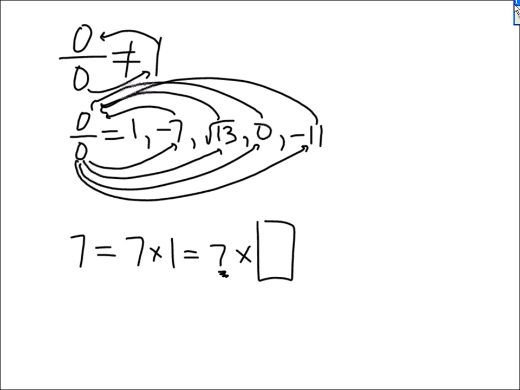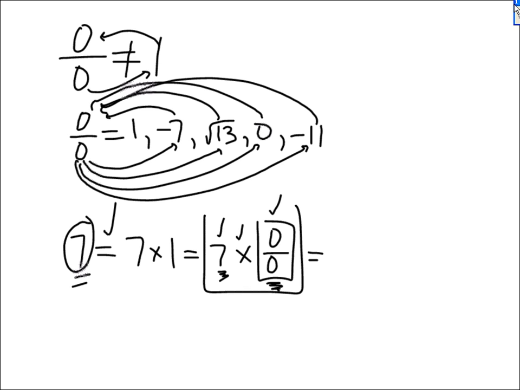You can't argue that 7 times what's in that box equals 7. 7 times 1 is 7. Nobody's going to argue that. And of course, 0 over 0 is 1. So yes, this is 7 times 1, and it really does equal 7.